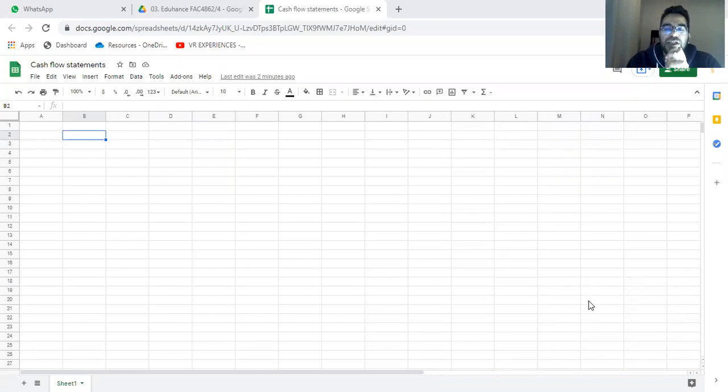Okay, so what you should know is that the purpose of the cash flow statement, there's various reasons. Probably the main reason is to provide an explanation of how cash was earned and used by the company. Remember the income statement, the balance sheet, and the notes to the financial statements are all prepared on the accrual concept.